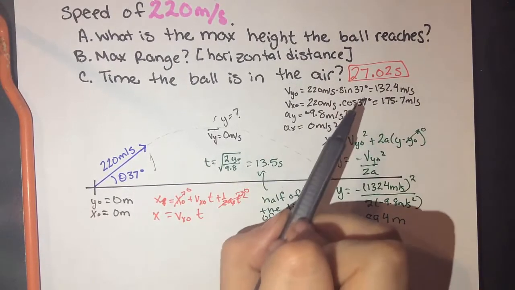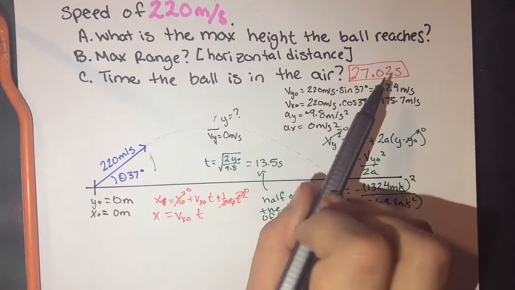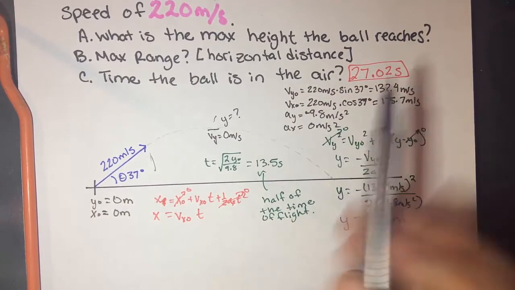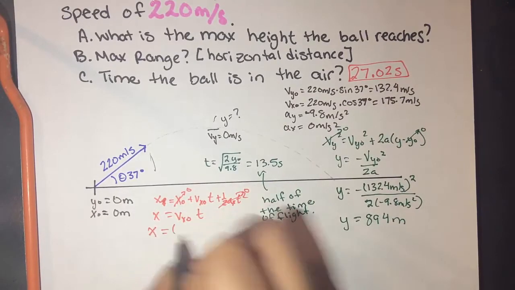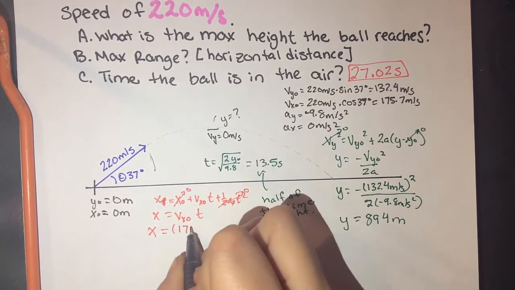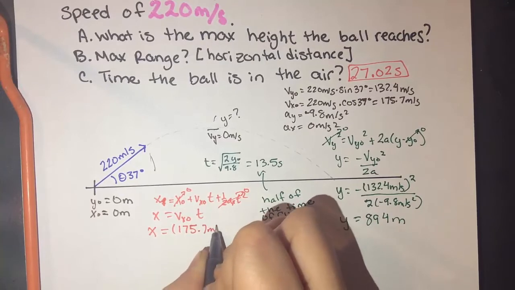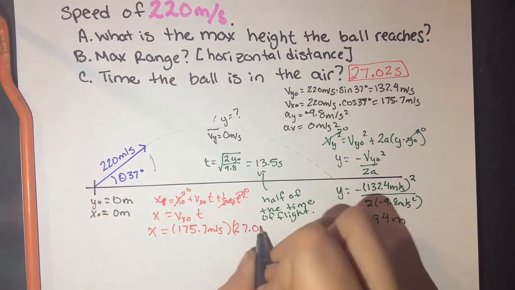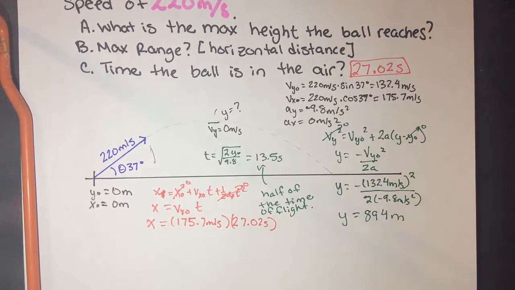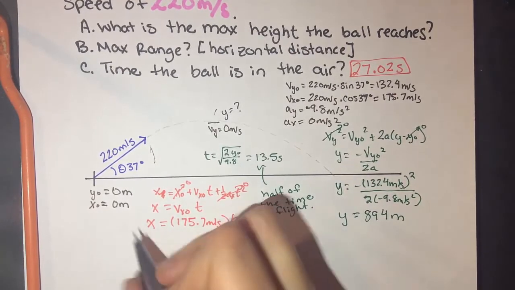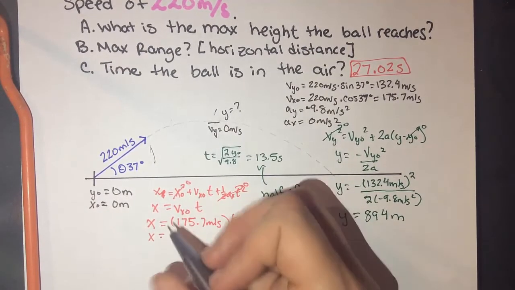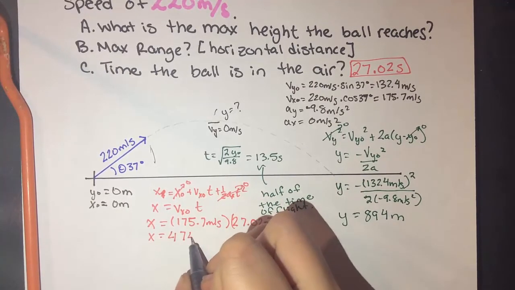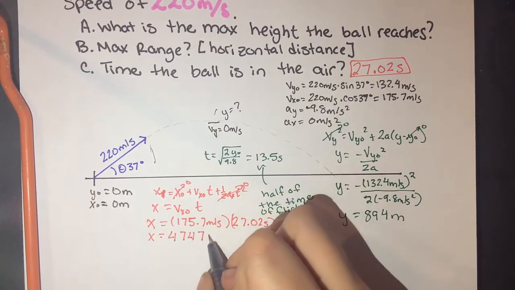This t is the 27.02 seconds, and my vx naught is the number I calculated at the beginning of the problem. That tells me my ball goes really far in the x direction. That is 4,747 meters.